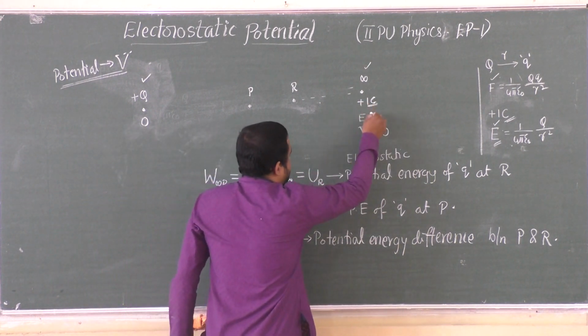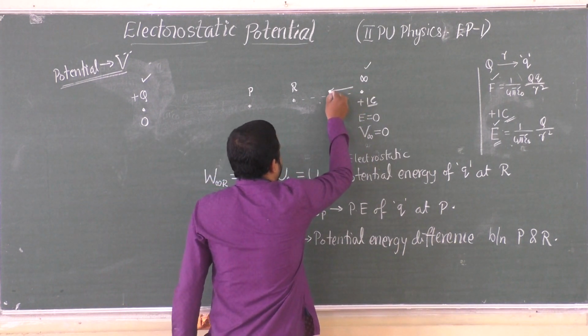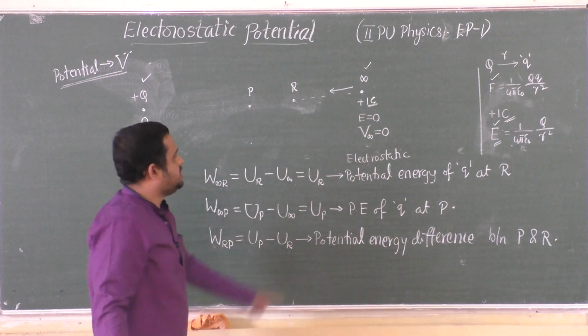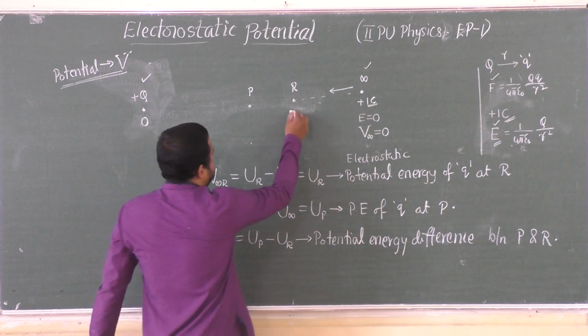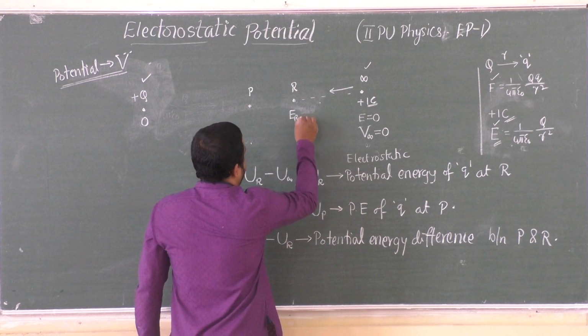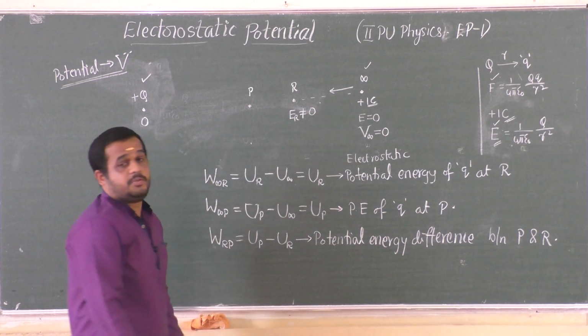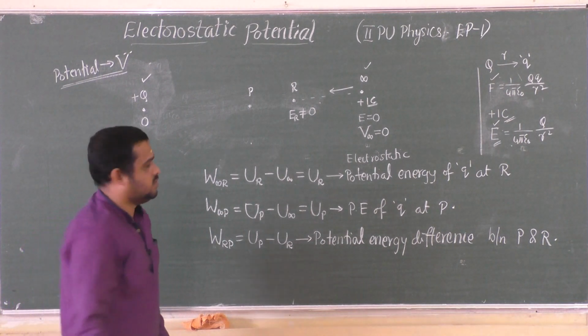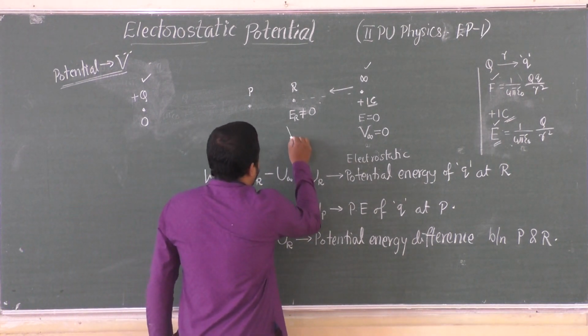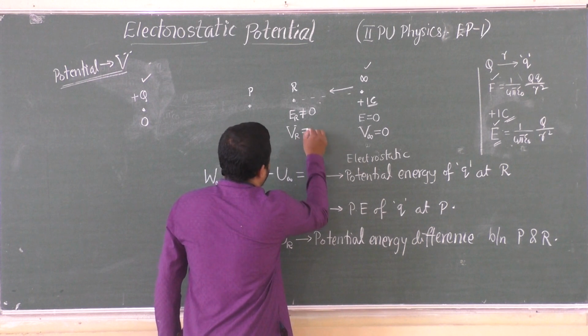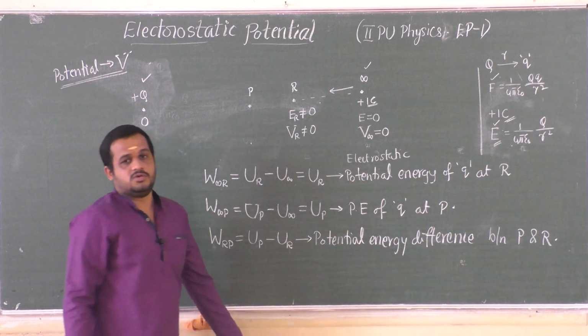With the help of some external force, if this unit positive charge is shifted from infinity to point R, when it reaches here, electric field at R is non-zero. If electric field or electrostatic force on the unit positive charge is non-zero, under that condition electric potential at this point is also not equal to 0.